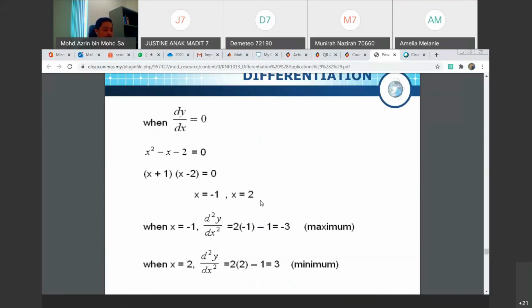Sebab ada juga soalan, okay, you need to draw the graph. Okay, you need to draw the graph.